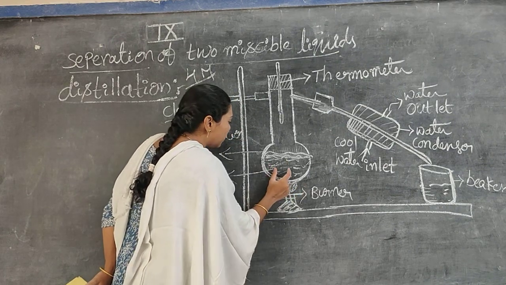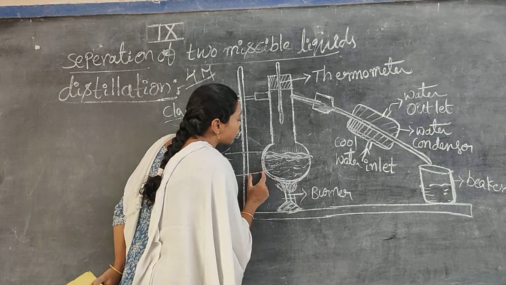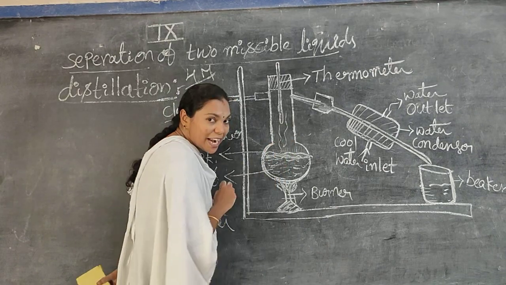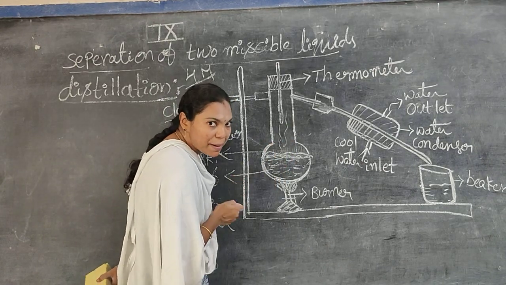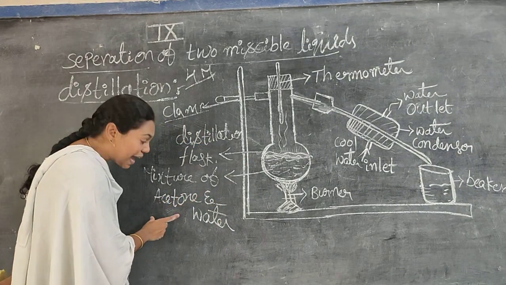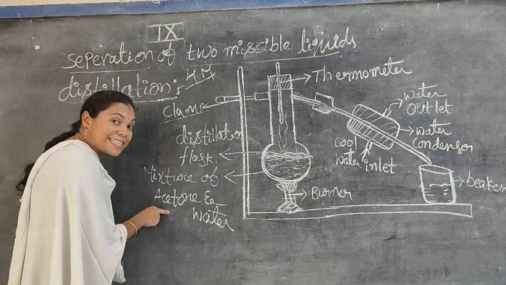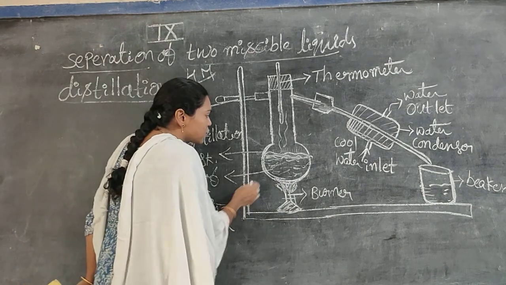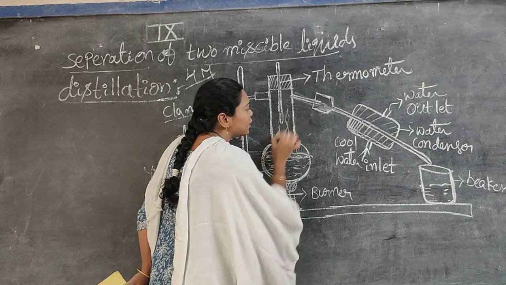When you heat the mixture of acetone and water, one liquid is quickly converted into vapor. Acetone is quickly converted into vapor because the acetone boiling point is less than the water boiling point.